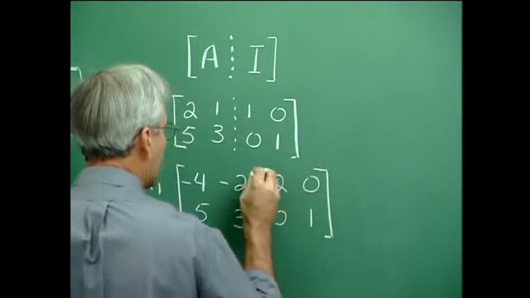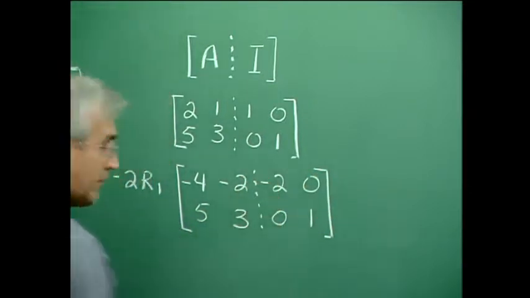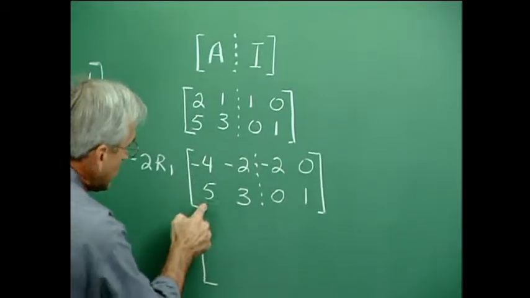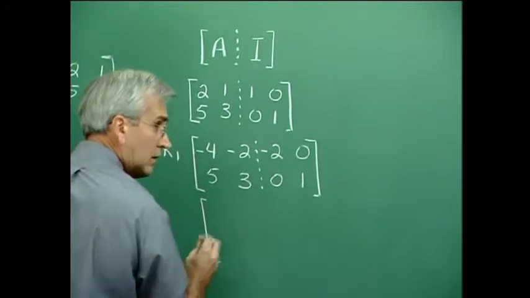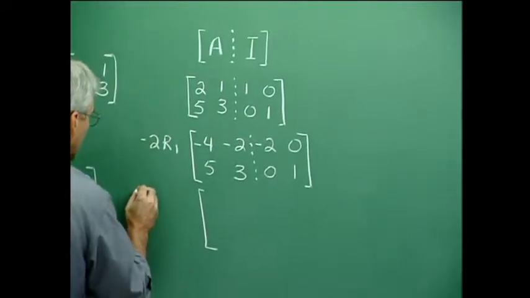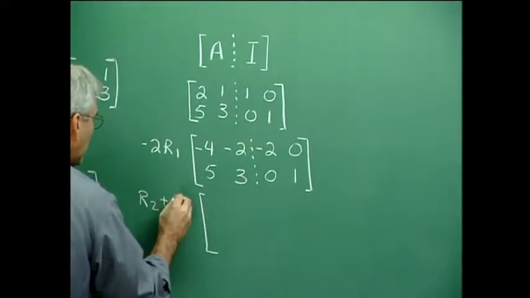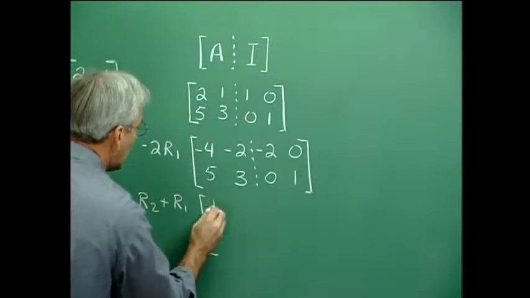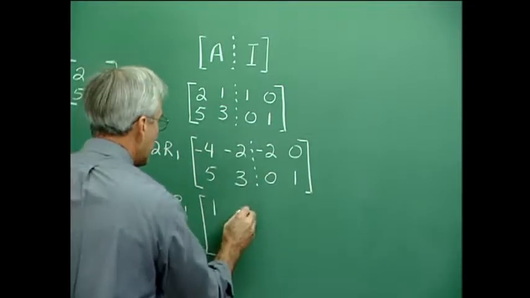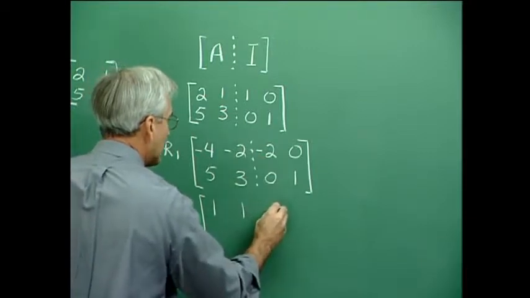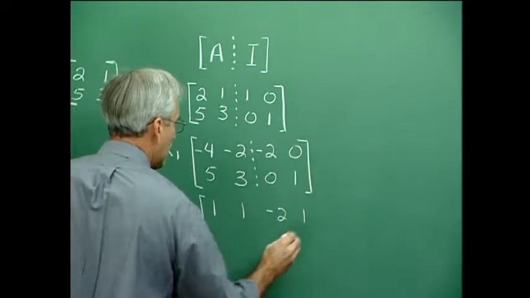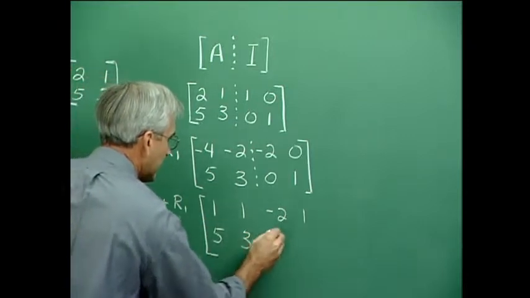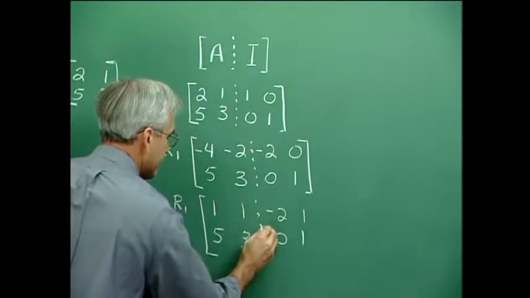See, and I have this. Okay, now what I'll do is add these two and put the results here. So I'm just taking row 2 and adding row 1, and the result is here. -4 with 5 is 1, 3 with -2 is 1, 0 with -2 is -2, 1 with 0 is 1. Okay, now I'll just bring down the 5, 3, 0, 1.